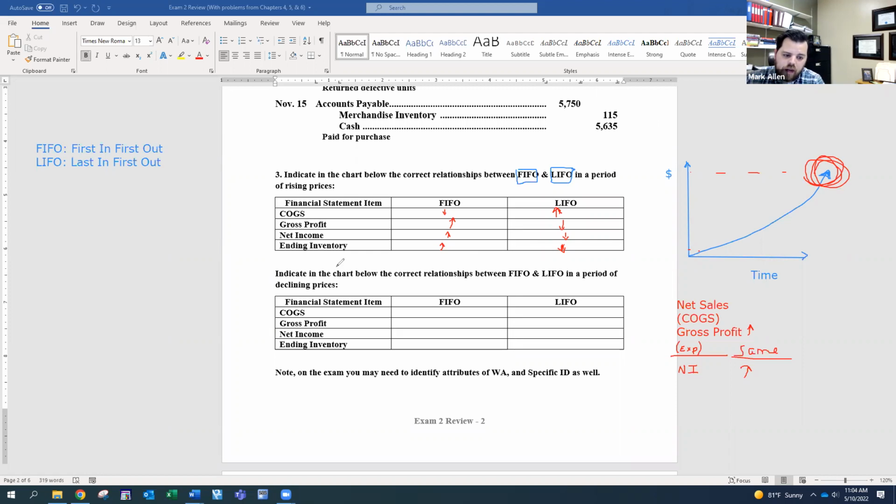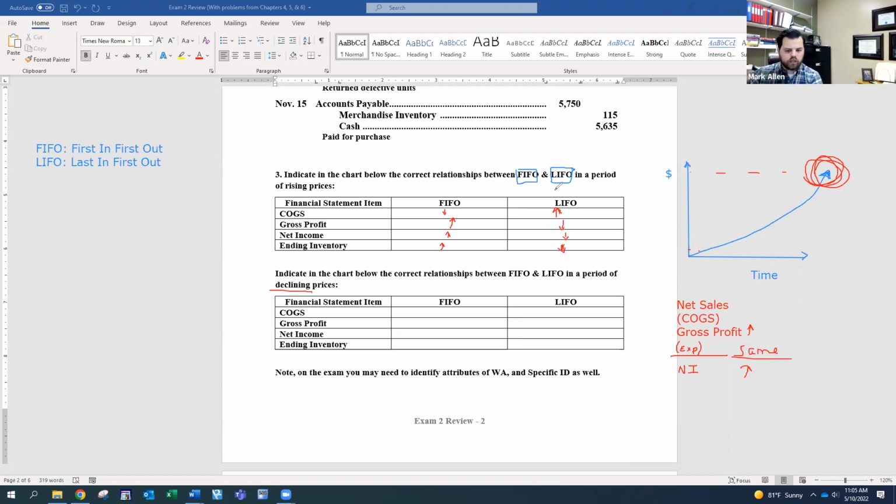If we had a period of declining prices, all you're going to do is flip all of these arrows. This is why I say it's better off if you just learn one direction and then flip everything than really trying to learn both directions. Like I said before, you only have a limited amount of space in your head. You want to maximize your efficiency in learning these things. So learn one direction.